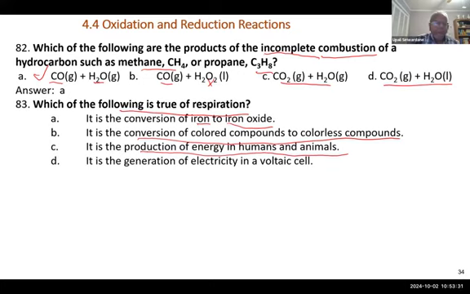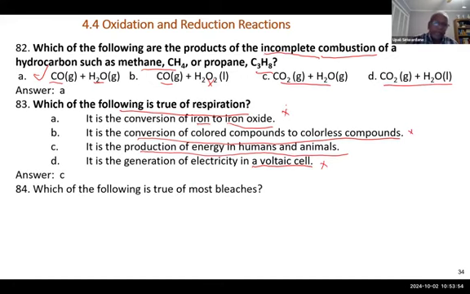That's the correct answer. It is the generation of electricity in a voltaic cell. That's not respiration. Voltaic cell is a different issue. Therefore, this is not correct, this is not correct, this is not correct. Therefore, C is the correct answer.